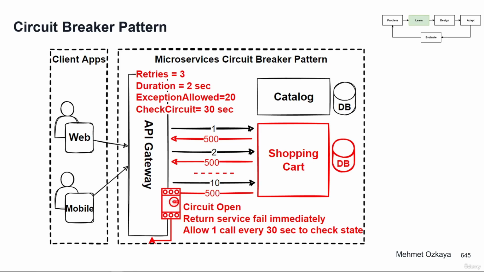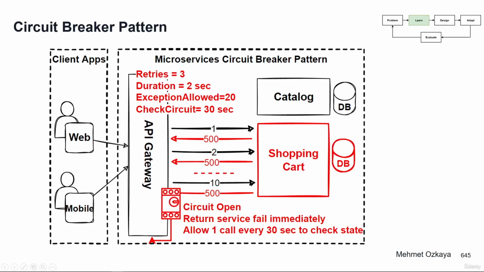The circuit breaker pattern allows one call every 30 seconds in order to check the state of the shopping cart. If the state is still unavailable, the circuit breaker stays open and does not redirect the request to the downstream microservices. But if the shopping cart is responsive, then the circuit closes and the service is once again available for traffic to the downstream microservices.